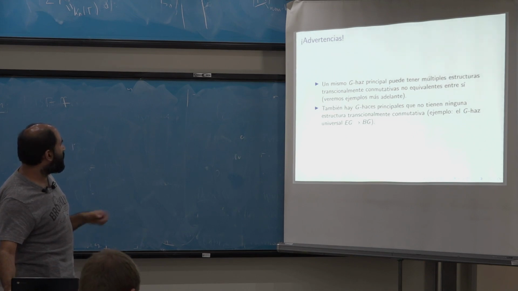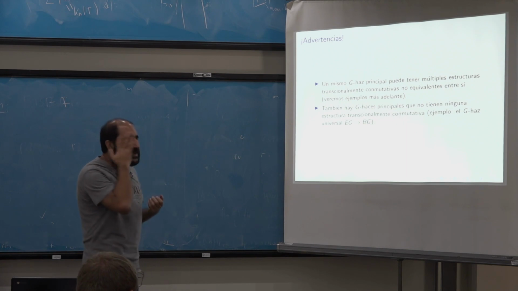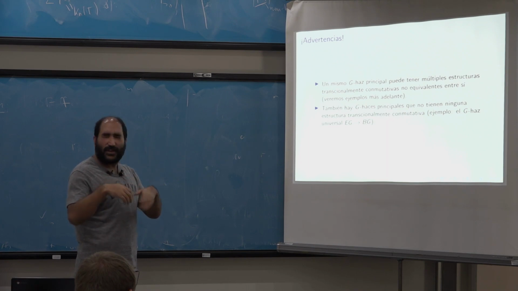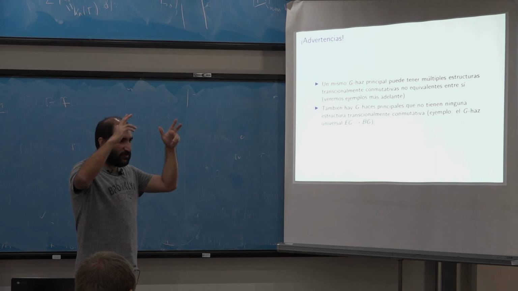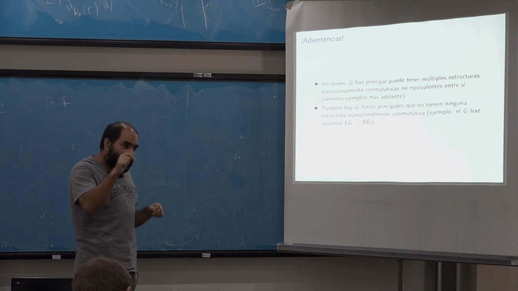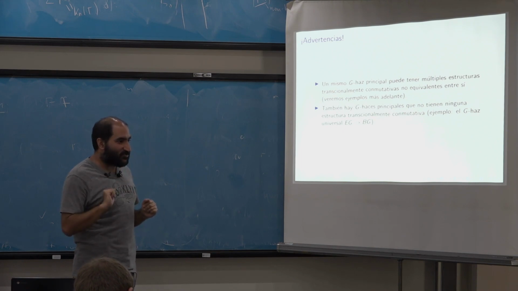All right, so let me issue some warnings about this concept. As I said, to specify a transitionally commutative G bundle, it would be enough to have a principal G bundle and choose a trivializing open cover for which the transition functions commute, right? The choice of the cover is the data that specifies this factorization through BCOM-G.